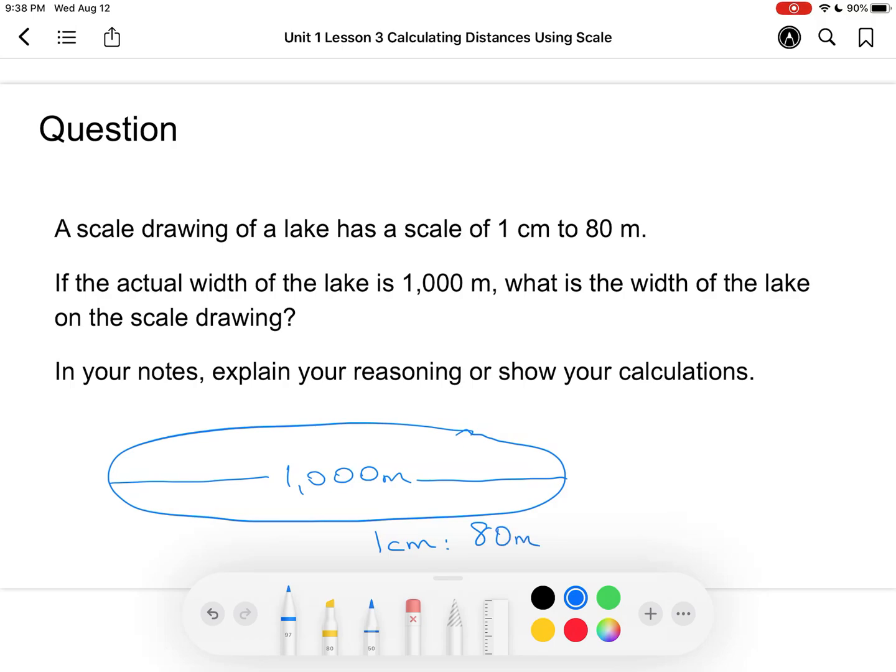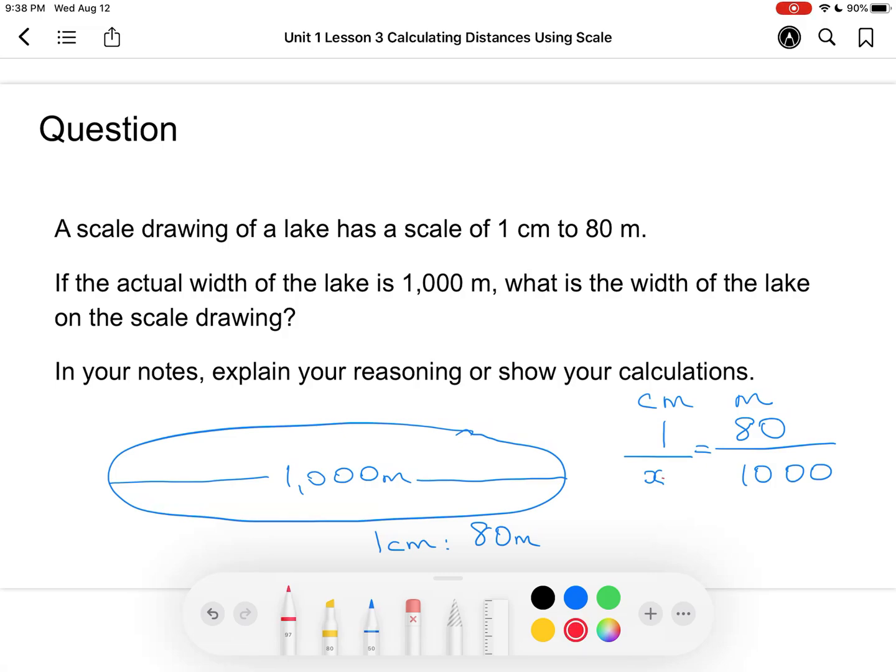So I will set up a ratio and calculate the width on the drawing. So I will say centimetres to metres. 1 centimetre is 80 metres. And then we've got 1,000 metres, so that goes here. How many centimetres on the drawing will represent that? We don't know, so I'm going to say x.